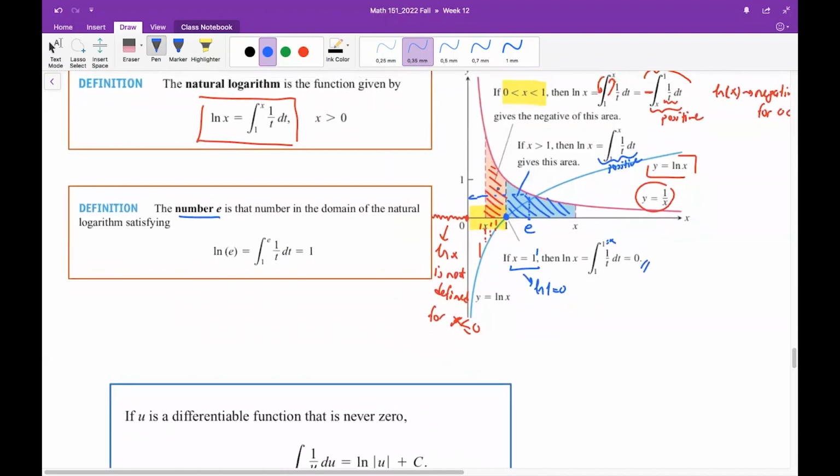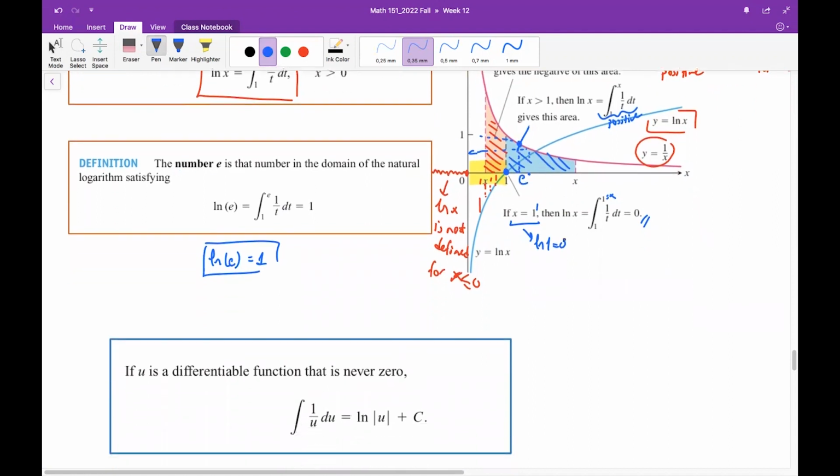So e is somewhere here, okay? And the value of the natural logarithm function at the number e is defined as 1. So 1 is in fact here, so I think we should put the number e around somewhere here. Okay, ln e is 1.